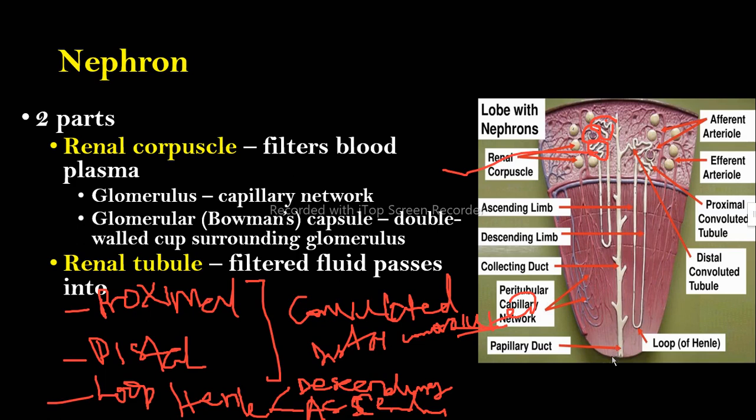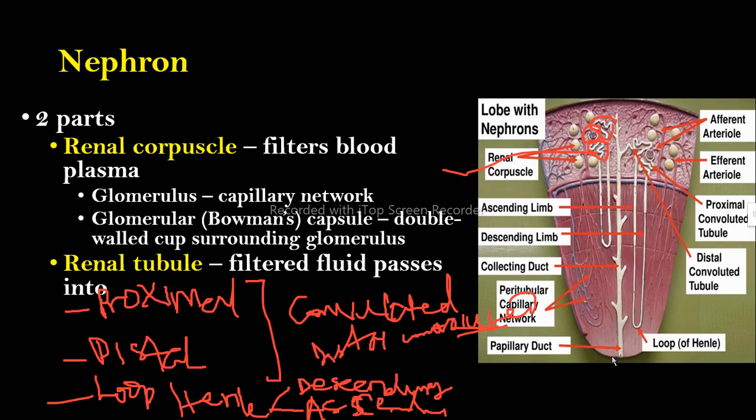Now, the unique thing about these tubes is that they are highly vascularized. They are surrounded by a dense network of blood capillaries, especially in the cortex.